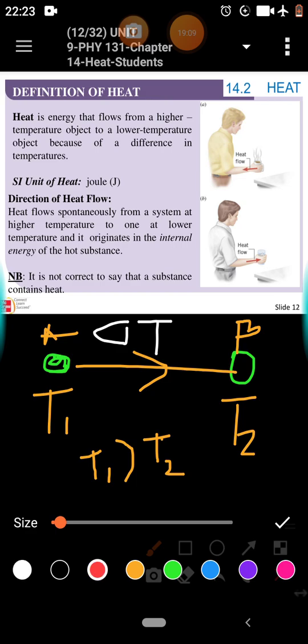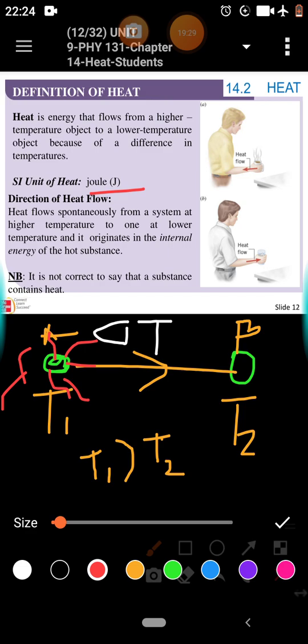And the SI unit of heat is joules. Direction of heat flow: heat flows spontaneously from a system at high temperature to one at low temperature, and it originates in the internal energy of the hot substance.